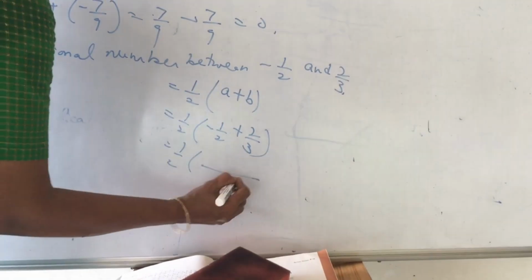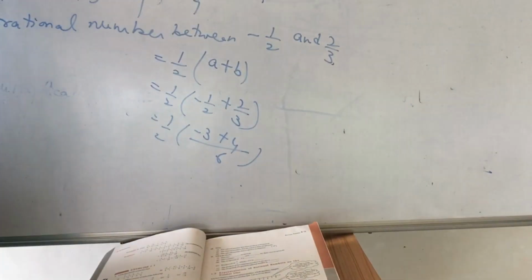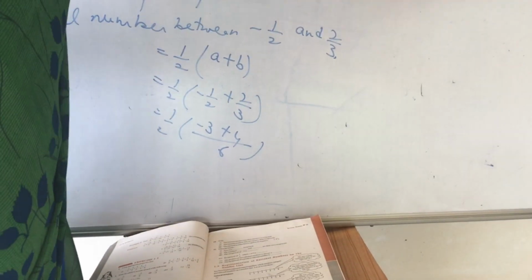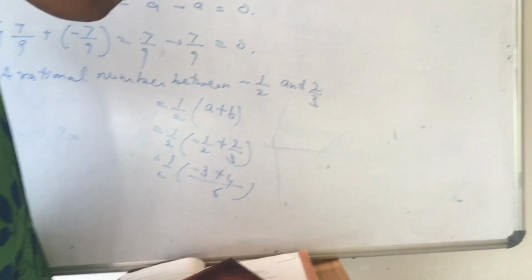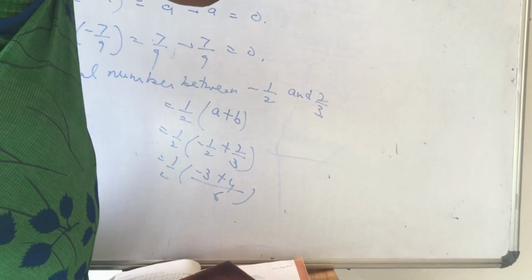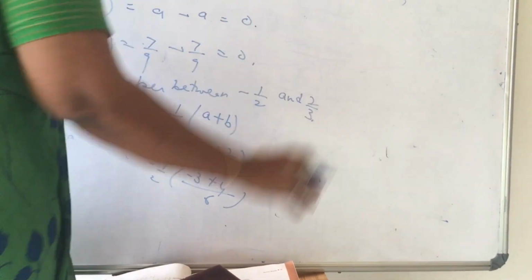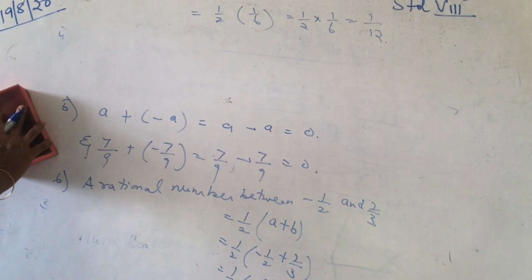What is your LCM? 6 plus 4. Half into 1 by 6. Plus into plus, plus. Half into 1 by 6 you cannot cancel, so you have to multiply. 1 into 1, 1. 2 into 6 is 12.